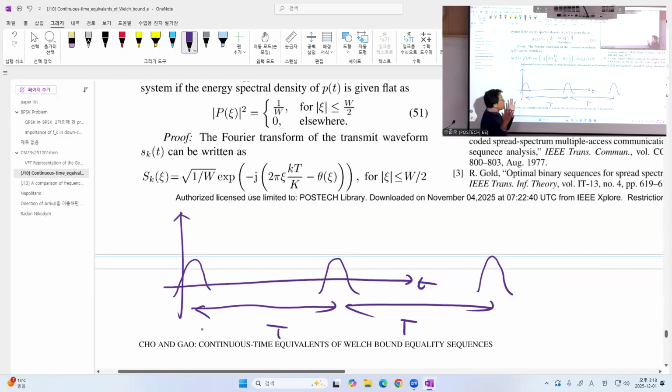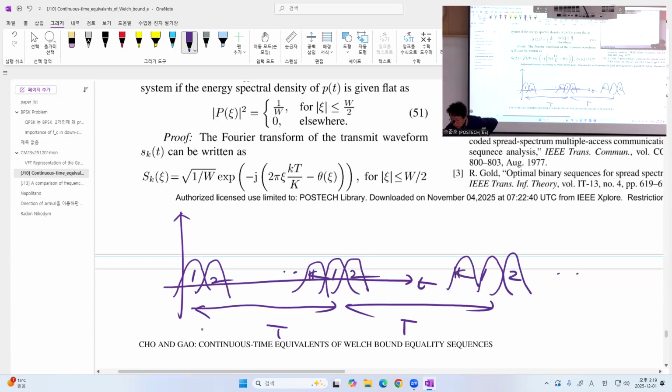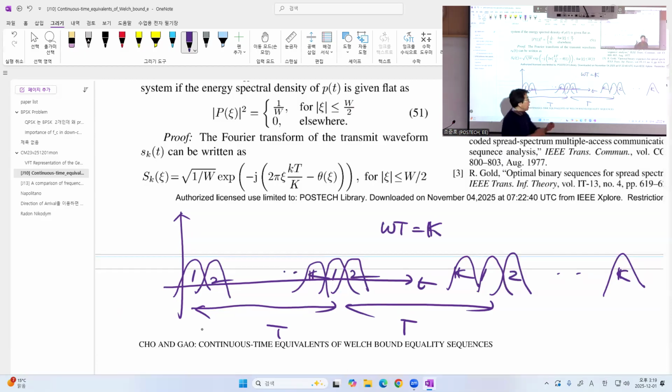But now they divide the time somehow. How? This is for the first user. That is for the second user. That is for the K-th user. If we have WT equals K, then our solution is the sinc pulse that is optimally spaced.